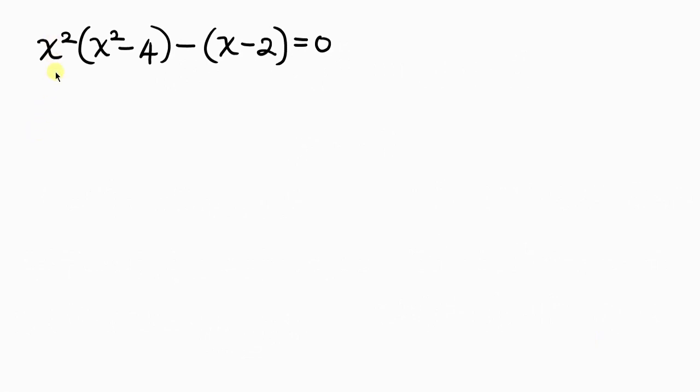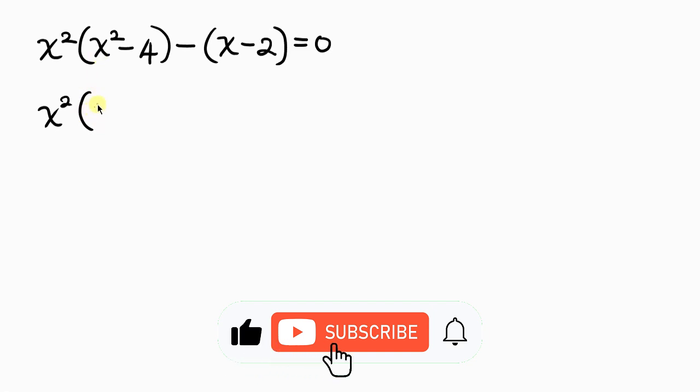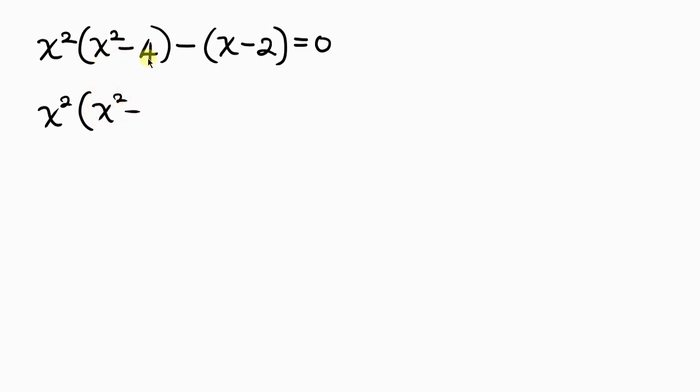So this simplifies into x squared, open brackets, x squared minus 4 is a perfect square, which means it can be written as 2 squared, close brackets, minus (x minus 2) equal to 0.